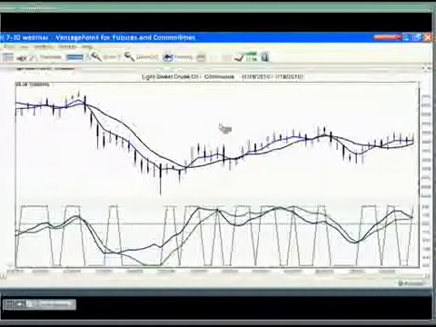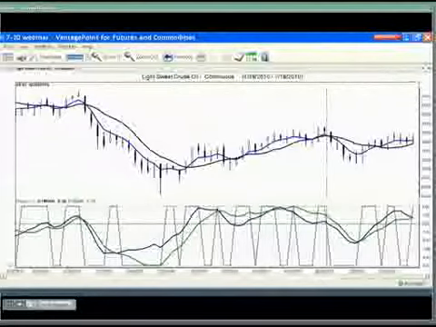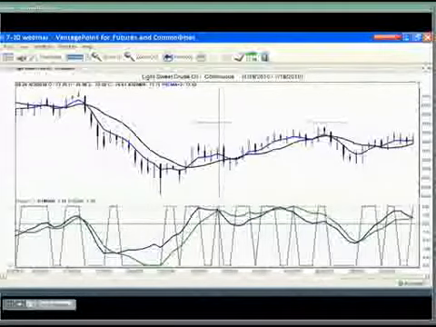When we look at what we're going to talk about here, we're going to talk about some of the moves that we can anticipate. Let's say I made one mistake here, and I need to go back to my computer screen and add on the indicator that I was going to talk about, and that is the predicted high and the predicted low.